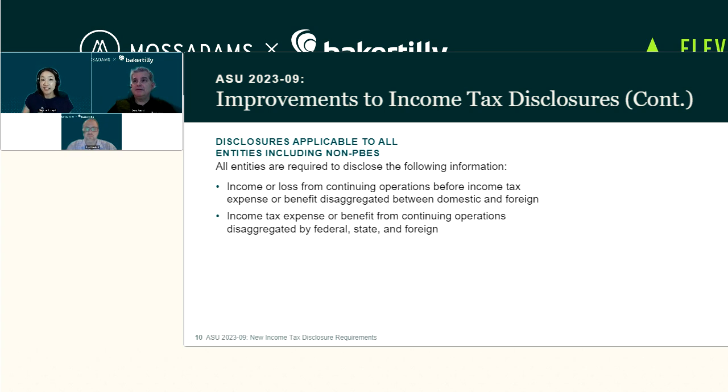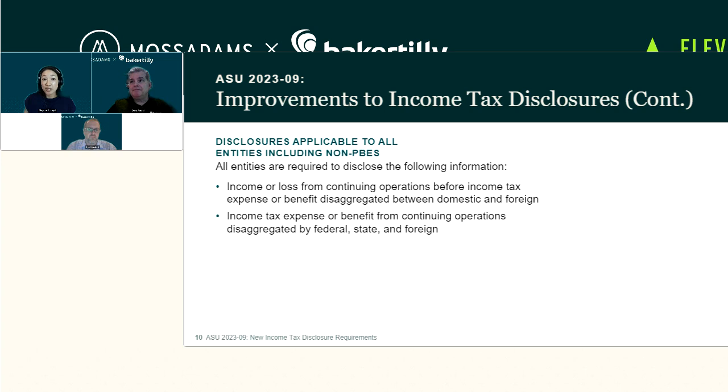But the SEC and the FASB talked about which body will ultimately keep this disclosure requirement, and it ended up in the FASB codification under the standard. So now all of the entities will need to include this information in a tax footnote.